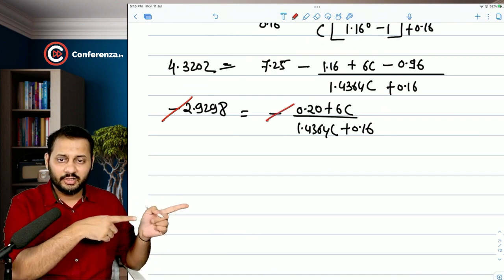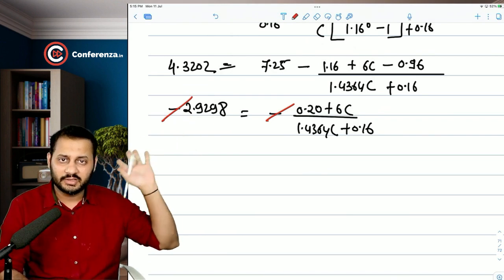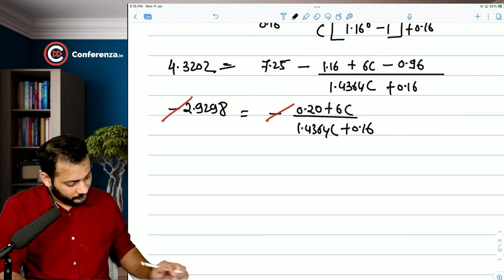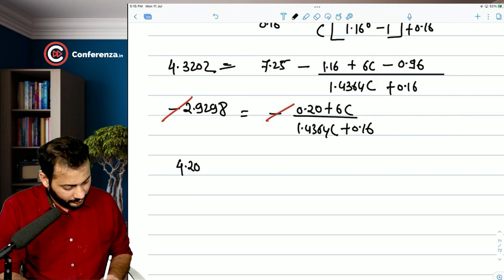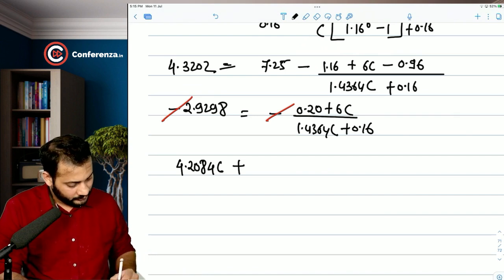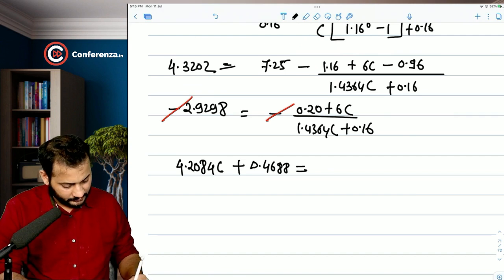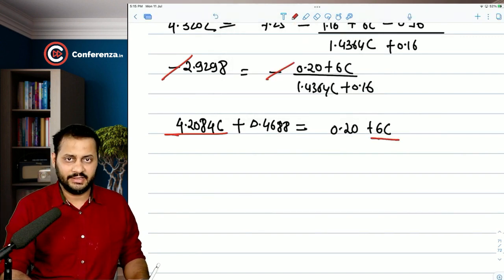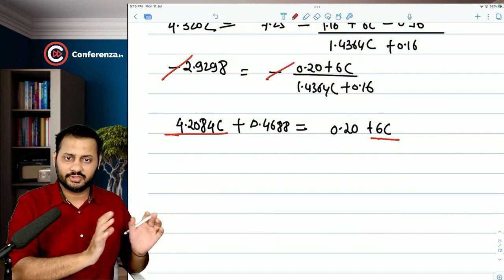Then you can take the denominator to this side and multiply it. So I will just write down the answer directly: this will be 4.2084C plus 0.4688 equals 0.20 plus 6C. Now we can clearly bifurcate the C part on one side and the rest on the other side.